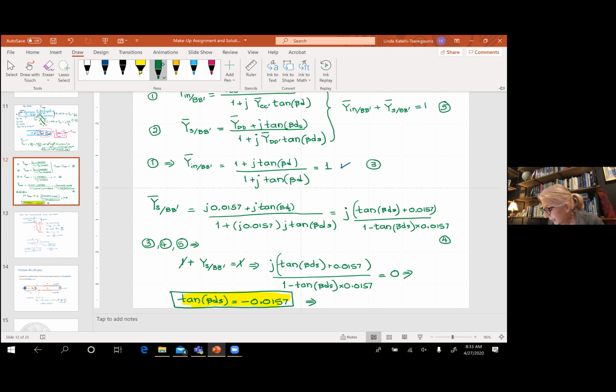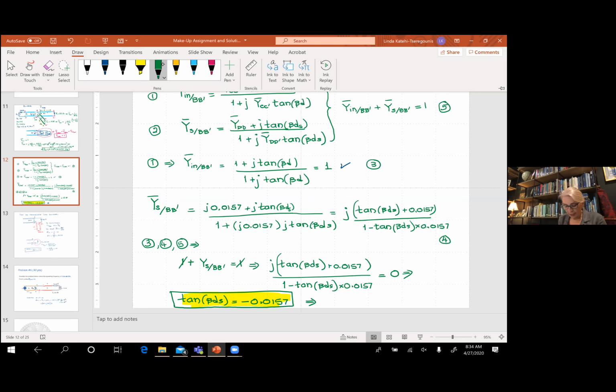We have to extend the length until the y_s at BB prime becomes 0, meaning the tangent of βds becomes 0. So where does the tangent of βds become 0 or close to 0? But for it to be negative, we cannot get a negative length.